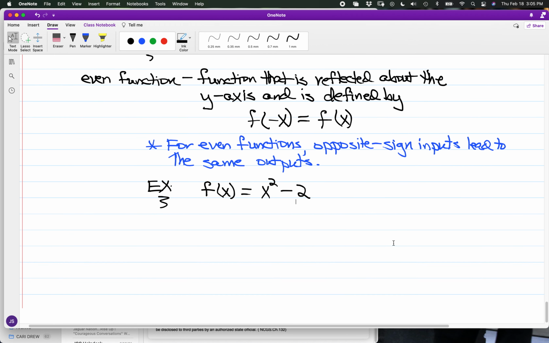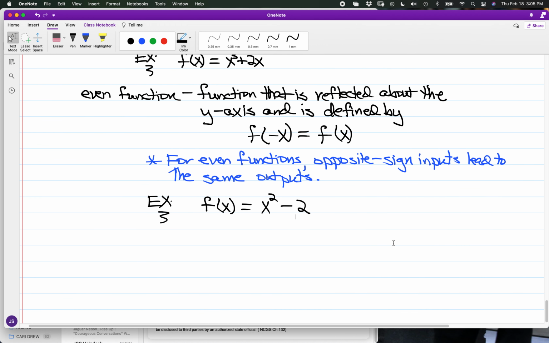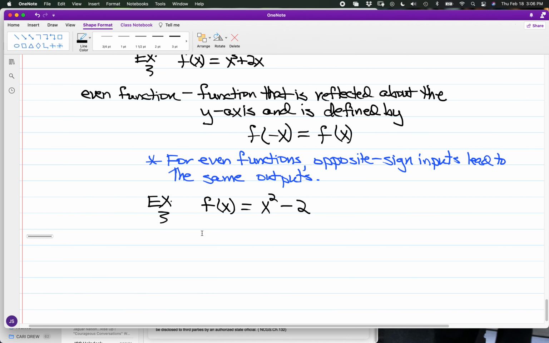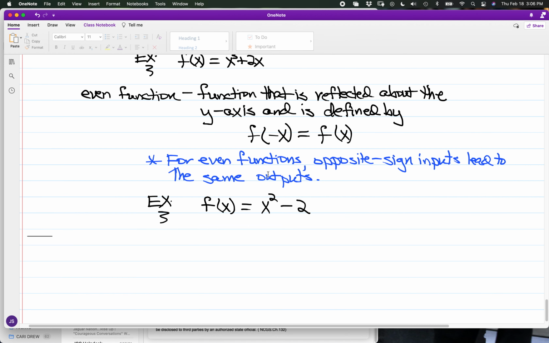and just in terms of identifying, let's say without graphing, whether a function is odd, even, or none of the above, we'll say that for instance, you try this again.